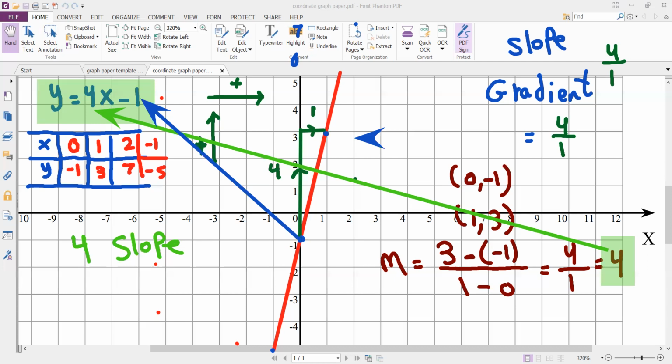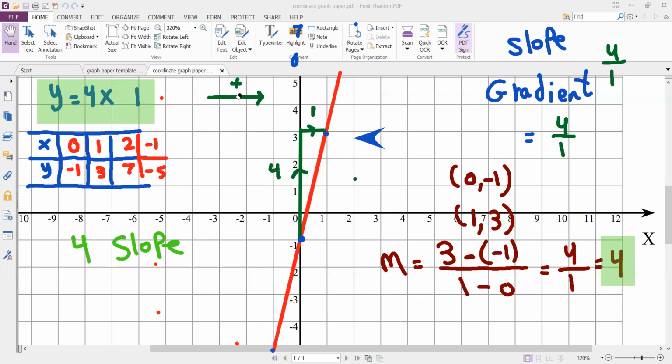Looking at the straight line here, you would find that this line cuts the y-axis at the point 0 and -1. This is called the y-intercept. What is the meaning of y-intercept?